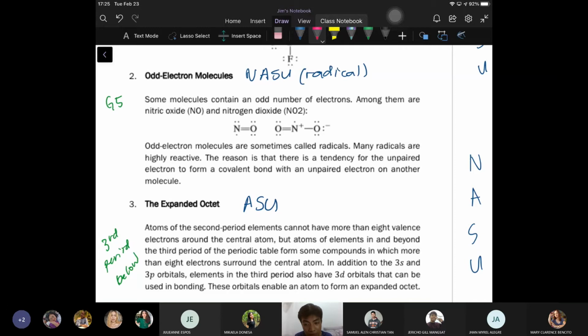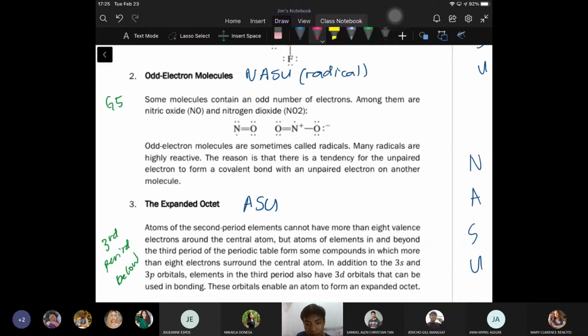Okay, and totoo naman yun, they really remove free radicals in our body. Kasi if we have radicals in our body, we will be vulnerable to diseases, no? Kapag yung pagkain may radicals doon, mas mabilis siya mapanis. Yung tao kapag may radical, mas madali magkasakit, no? So ganun din dito sa molecules natin.